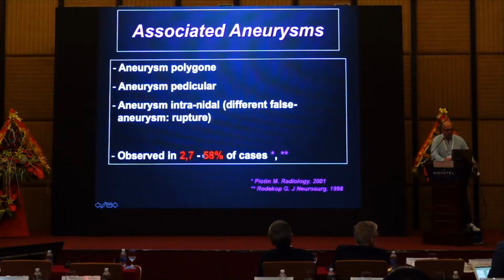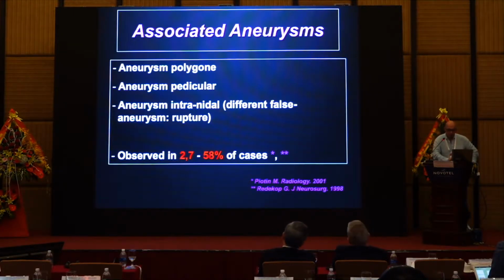Concerning the associated aneurysms, which are a really very dangerous entity, I will show you why by experience. You can have an associated aneurysm, sometimes we call it flow-related aneurysm because of the aspiration of the AVM, especially if there are big AVMs.